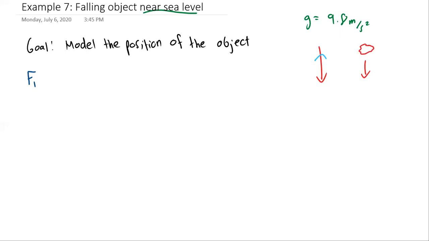So let's call it F1. This is going to be the first force that's acting on the object. In this case, for explanation, I'm saying that the object is a rock, but it can be any object that's falling vertically. So F1 is going to be the first force, and this is weight. Now, we have a formula for the weight of an object.